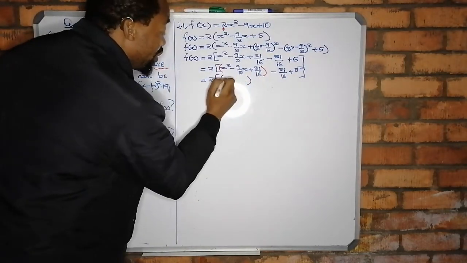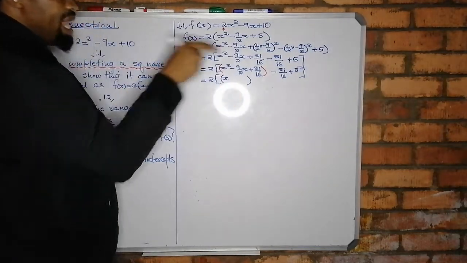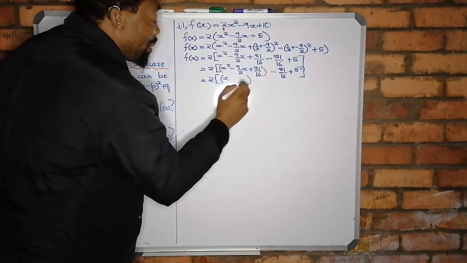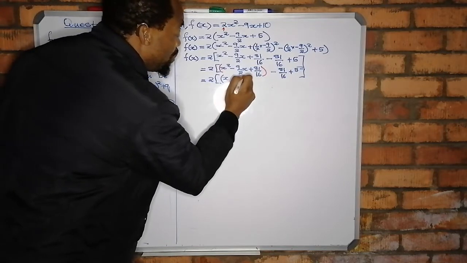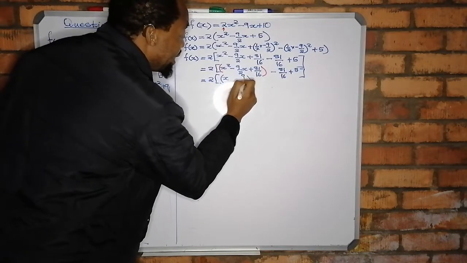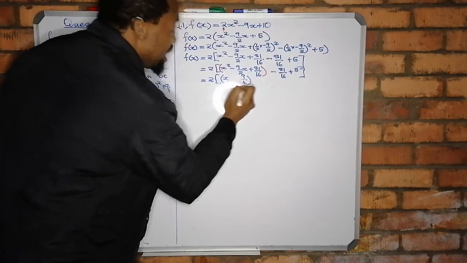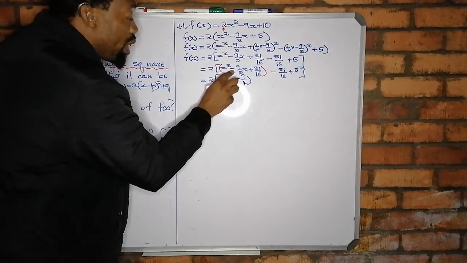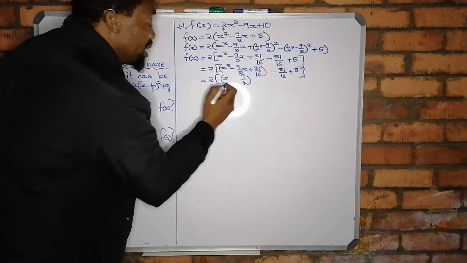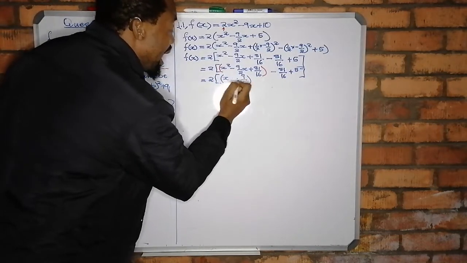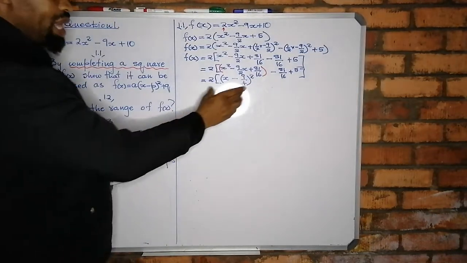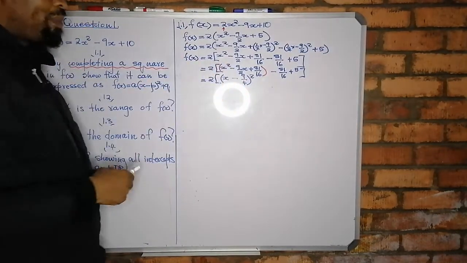The factors of this would be x and x. The factors of 81 divided by 16 would be 9 divided by 4 there. Then because we want to add, it would be a minus. Then it's all squared there. Remember now, we made this a perfect square.